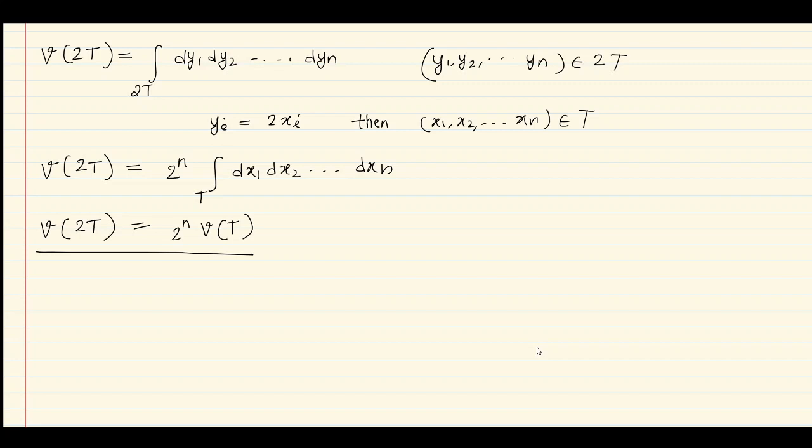Now 2L is an n-dimensional lattice in R^n, so the dimension of 2L is n.